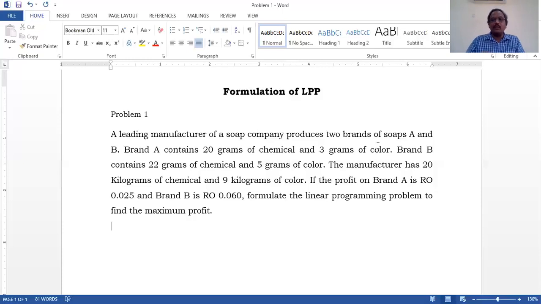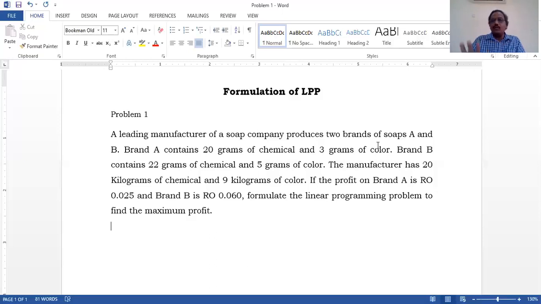This is what we are going to identify. This depends on the profit. Now, what is the objective? If the profit on brand A is rupees 0.025 and brand B is rupees 0.060, formulate the linear programming problem to find the maximum profit.